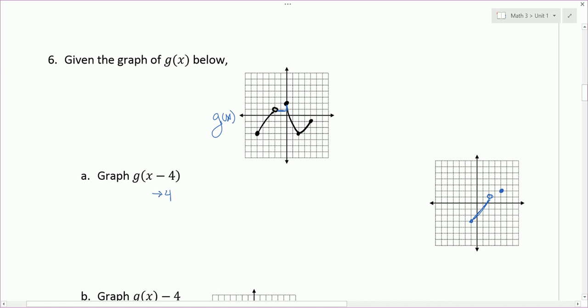I'm going to go down 5, right 2. Draw a little curve. And then from that point I'm going up, right 2. Draw a little curve. And then I've got my graph.